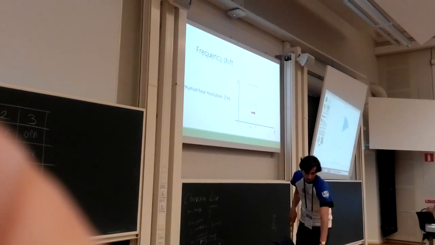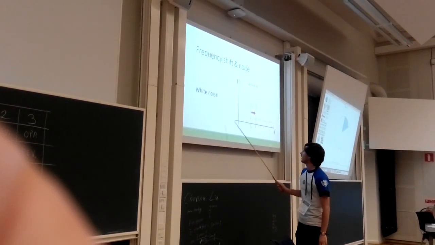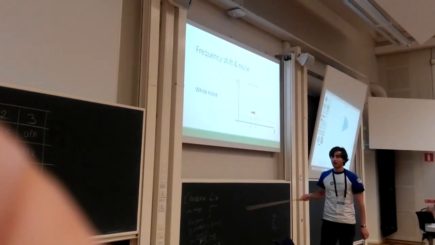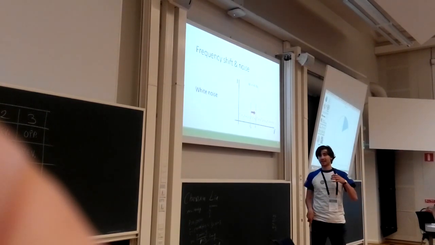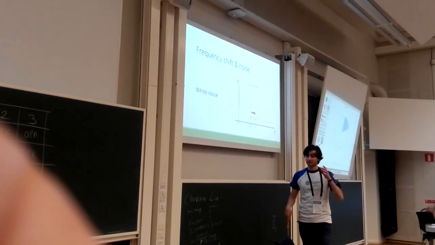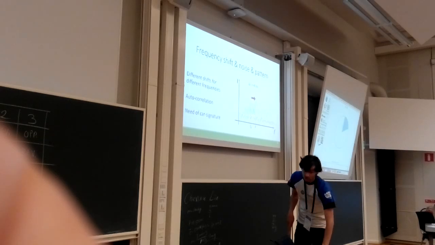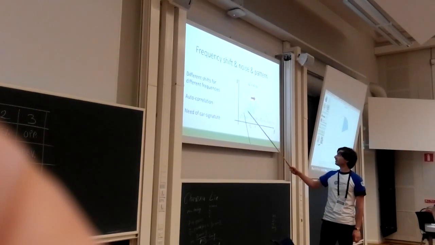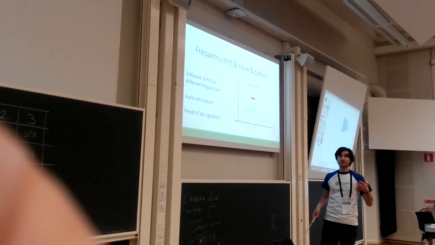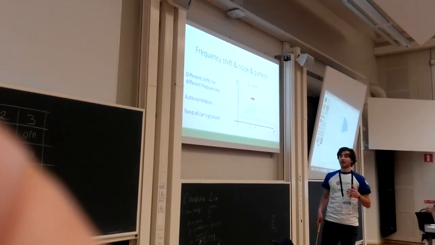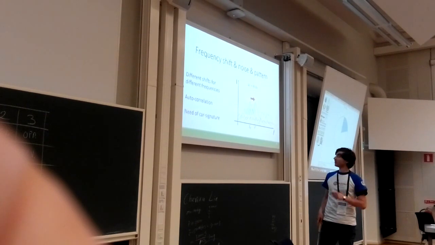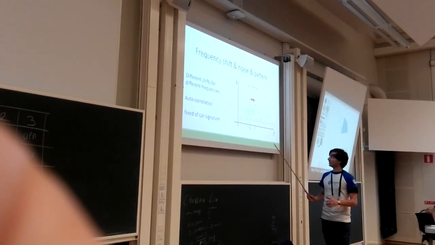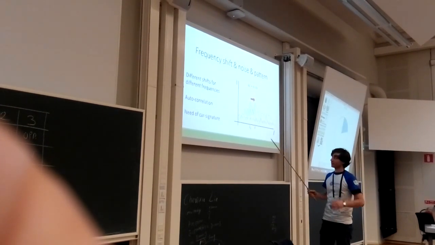But actually, we don't hear them purely because we have a white noise above our spectra that makes them less understandable. And also, we cannot hear single frequencies because we have different car signatures, with many different frequencies, that are very difficult to separate.